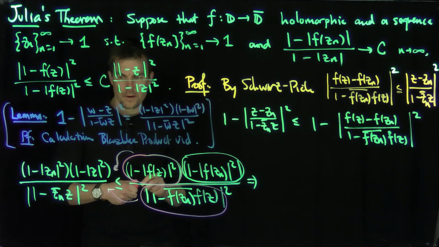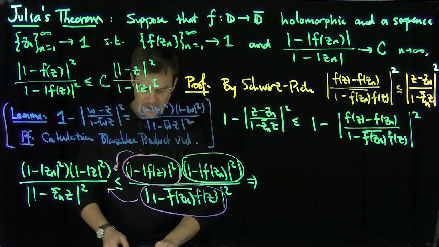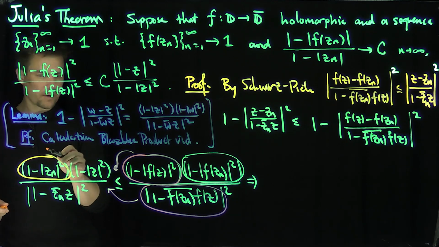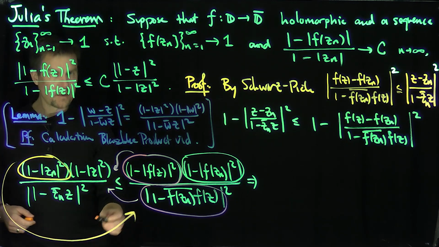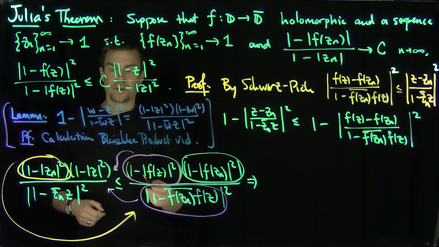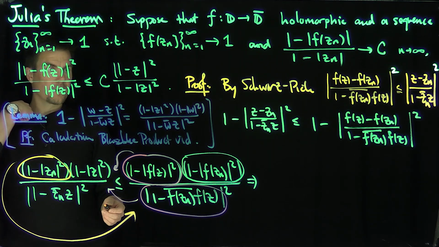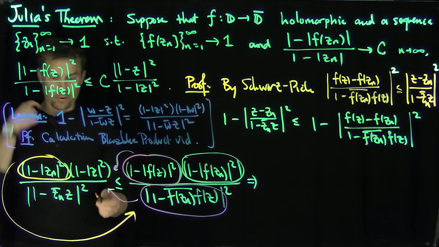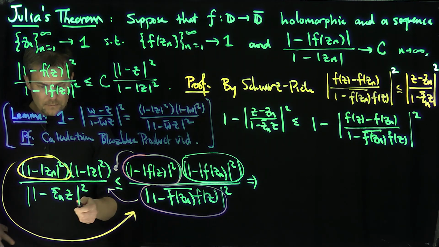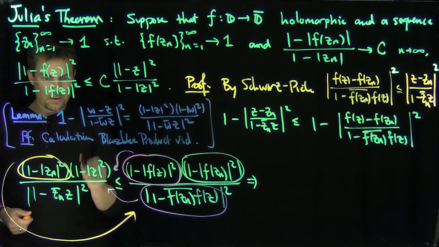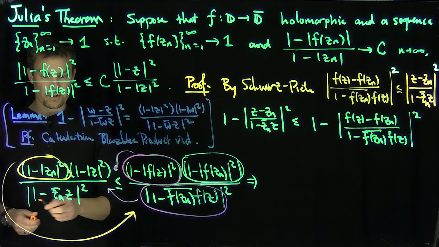I'm going to take these terms over here, and those definitely are going to go over here. And then the modulus of z, where is that going to go? Good. So let's make sure we have all the terms we want.